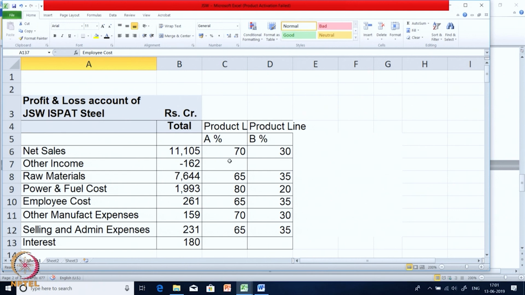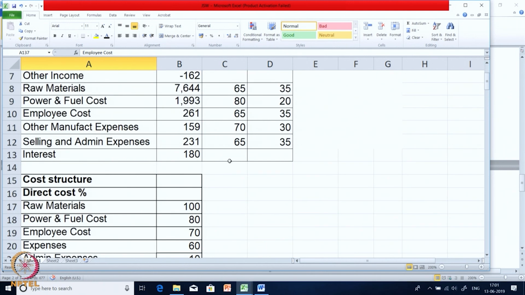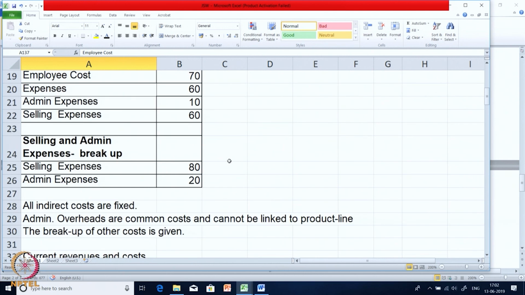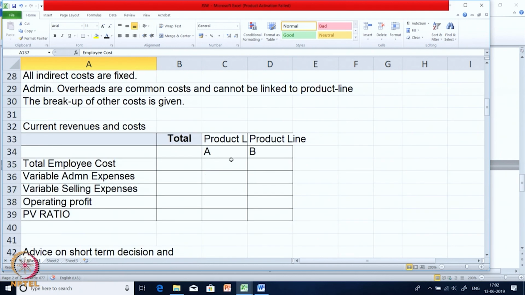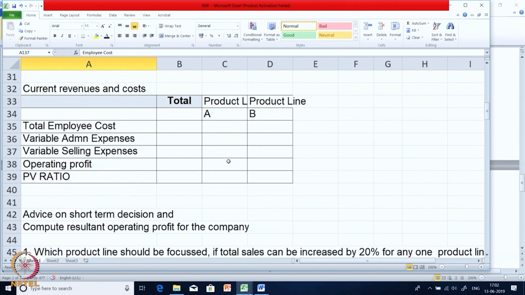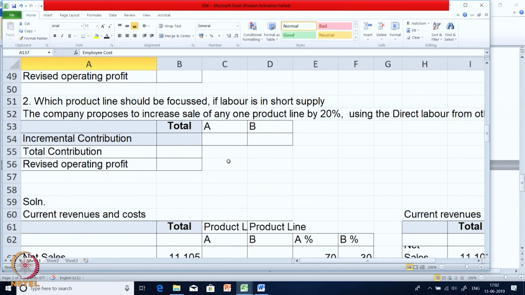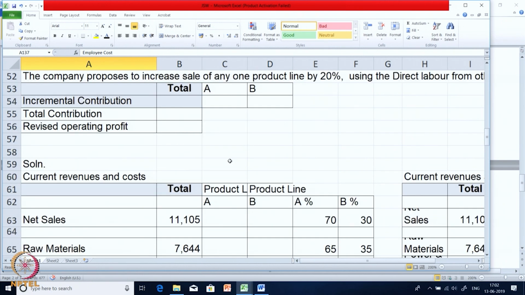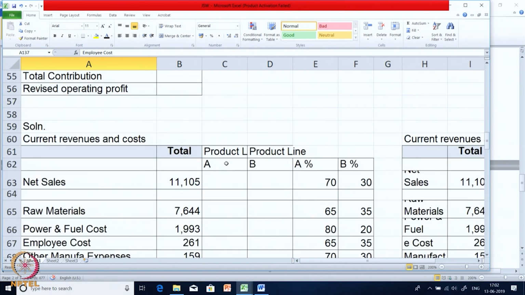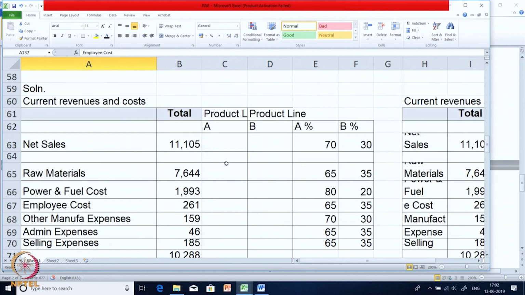Now, this is the given data. Do not worry, I will not show you the solution, so that you can solve it yourself. I have just shown you the structure. To begin with, for current revenue and costs, total net sales are given, percentages are given.